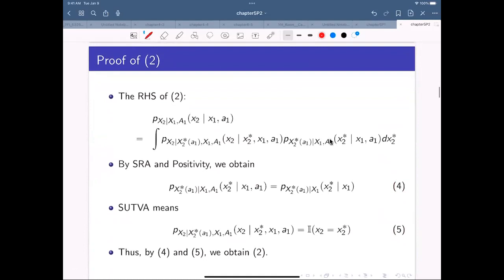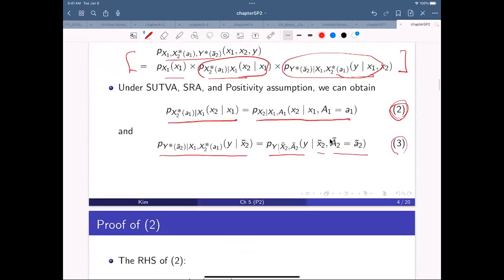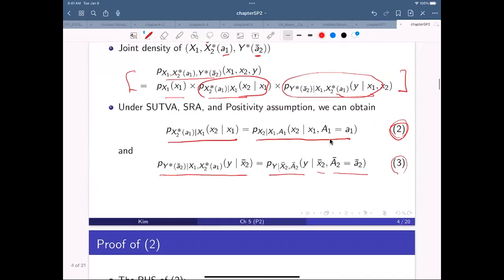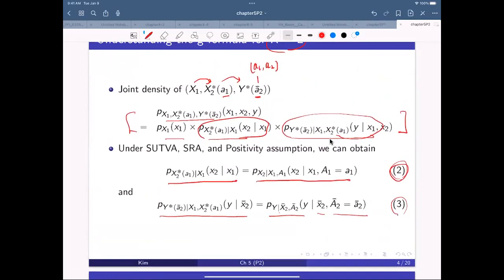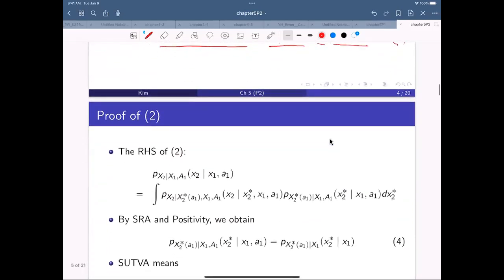So let's first prove equation 2. We start with the right side of 2. Let's introduce the potential outcome random variable x2 star a1. Here you already have three random variables, but let's introduce one more, which is x2.